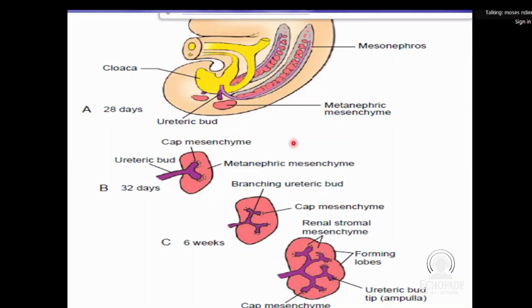So, remember, the ureteric bud is in the posterior part. It's pointing towards the posterior part. And then the metanephric mesenchyme at the posterior part is pointing posterior. It's in the pelvic region. So the kidney develops in the pelvic region.